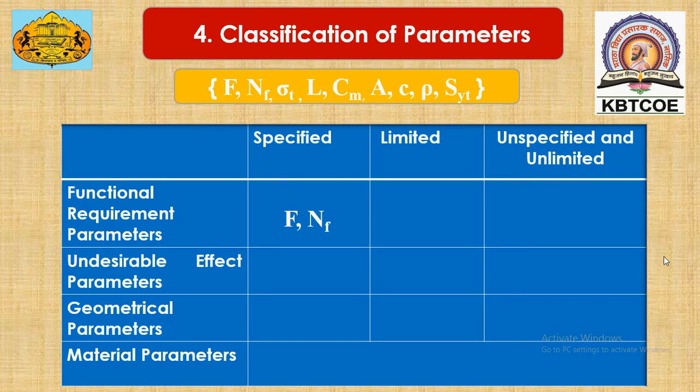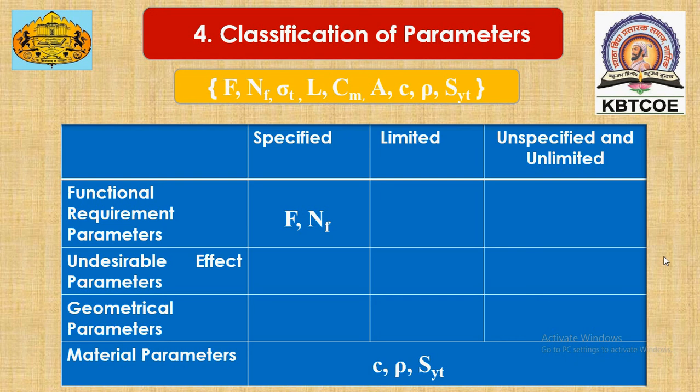Now next, material parameter. These are the properties of the material. So C is given, that is cost of material per unit mass, then rho, that is the density of the material, and SYT. All these are the material parameters. So write down the material parameters in the column: C, rho, and SYT.